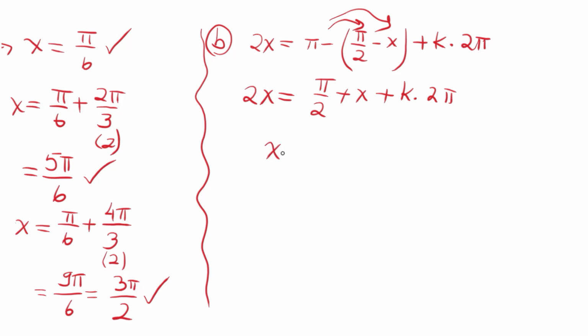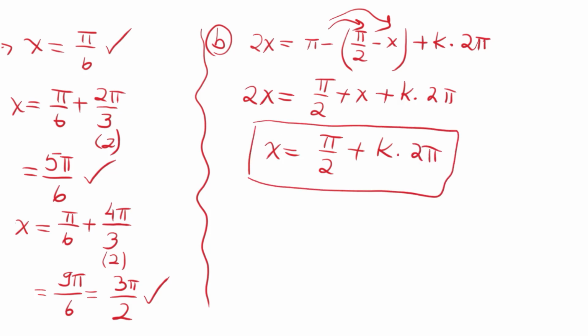So x is equal to pi over 2 plus k times 2 pi. This is our general result. If we put 0 for k, we will have x is equal to pi over 2. If we put 1 or more, we will be out of the interval wanted. So the only result from this part is x is equal to pi over 2.